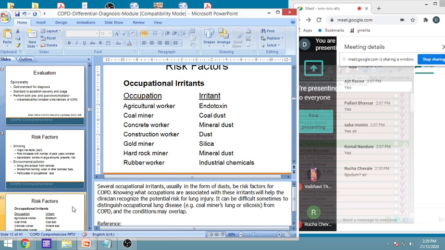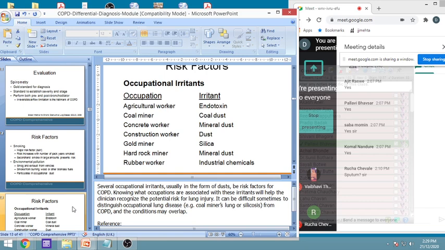Apart from that, there are various occupational irritants. A person may work as an agriculture worker, coal miner, concrete worker, construction worker, gold miner, hard rock miner, or rubber worker. In all these cases there are fumes, or some dust, or in agriculture some other particles, and these can cause obstruction.